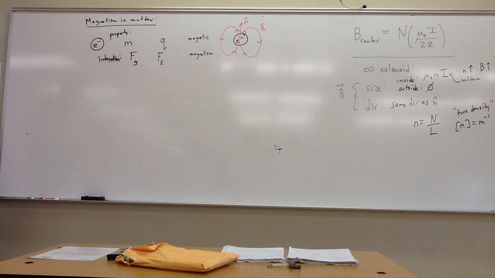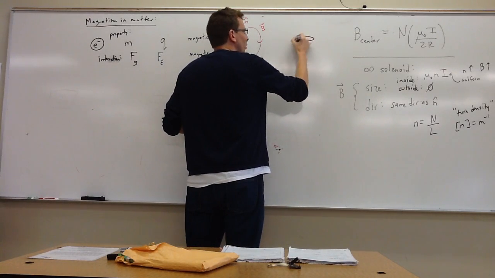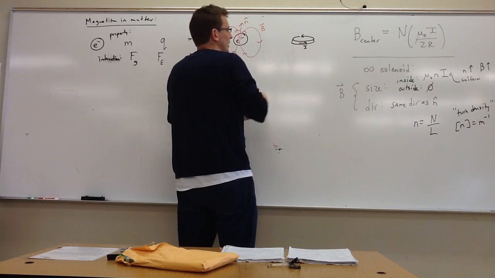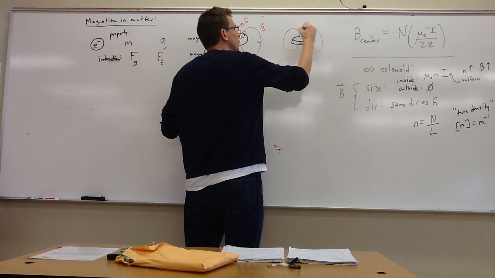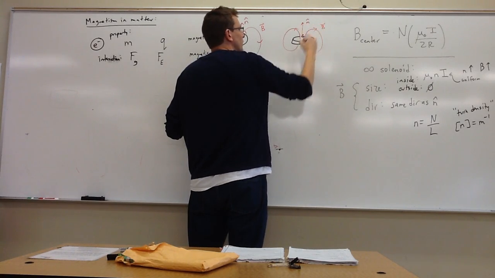And you look at that and you go, huh, okay, that seems to be the exact same magnetic field as a current loop. So if there were a current loop, it would look like that. All right, here's the normal vector, here's the magnetic field.